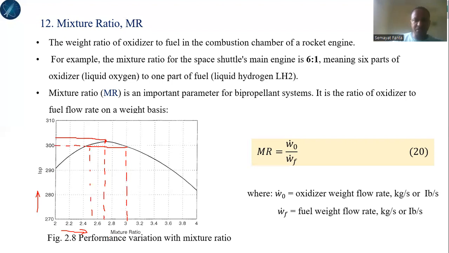In this graph, most appropriately, this point is the proper point. So the mixture ratio is 2.7, that means the oxidizer is 2.7 and the fuel 1, a 2.7 to 1 ratio.